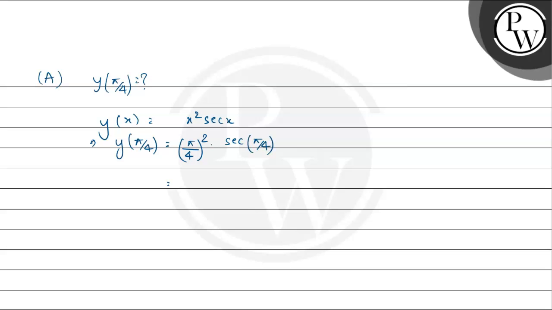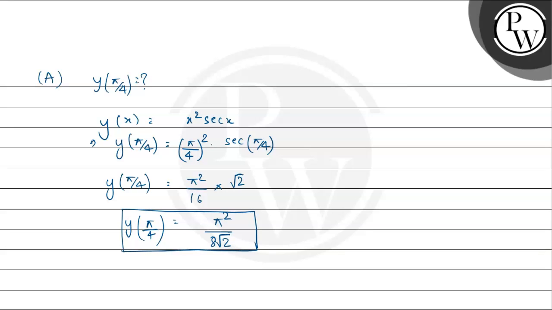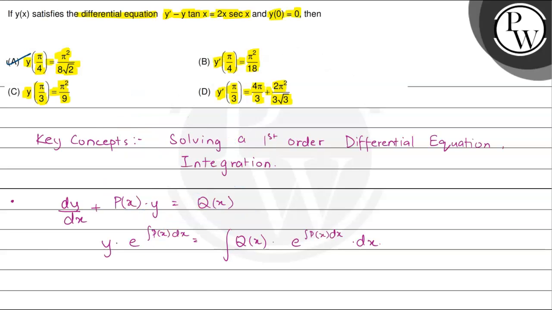So pi upon 4 whole square is pi square upon 16, times sec of pi by 4, which is under root of 2. So y of pi by 4 is pi square upon 16 times under root 2, which is basically pi square upon 8 under root 2. This is the value of our y of pi upon 4. Hence, we see that option A is correct.